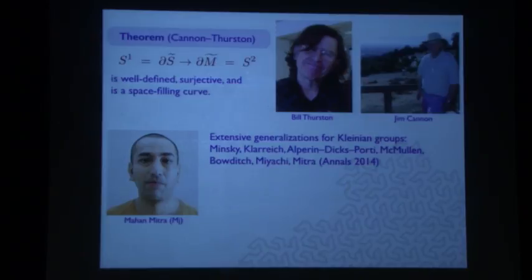Take a base point and look at all the translates of the base point, and that's a map of the group into H3. We then look at 2 metrics. The group has the Cayley graph metric, and you're comparing that with the standard metric on H3.